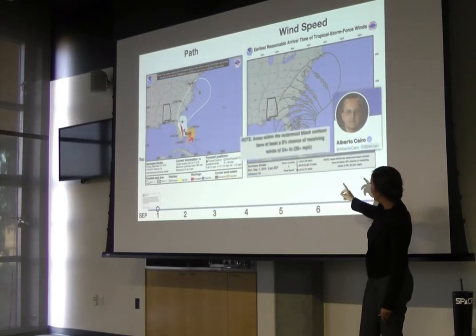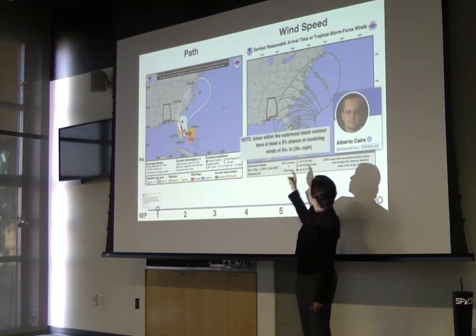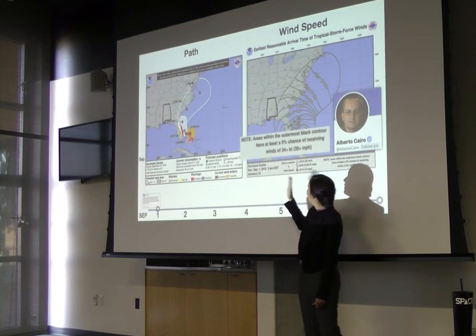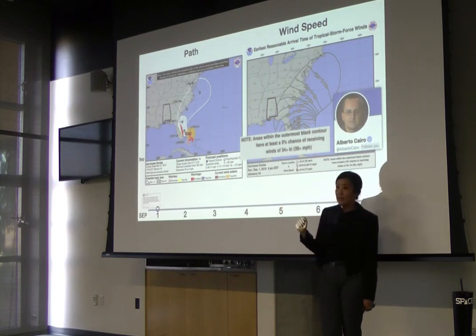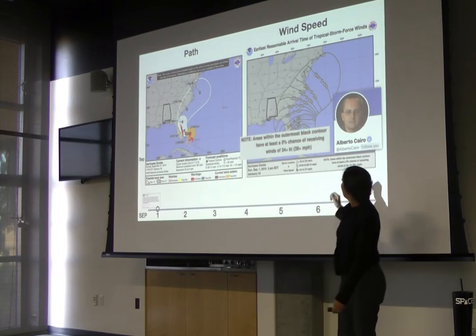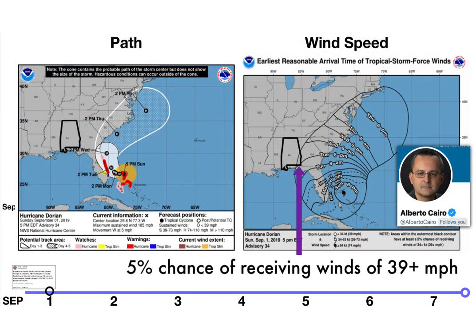What it's actually showing you, you probably can't read this, but it says areas within the outermost black contour have at least a 5% chance of receiving winds of 39 miles an hour or more. So what this is actually showing you is that that very corner of Alabama has a 5% chance of increased wind speeds. 5%. It is not going to be hit. There's a 5% chance of increased wind speeds.